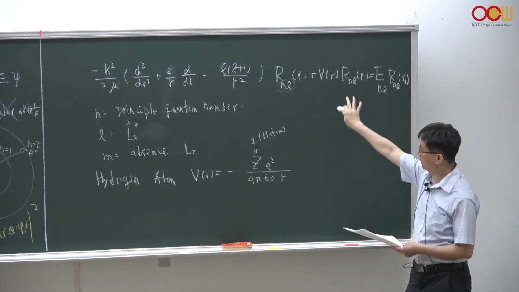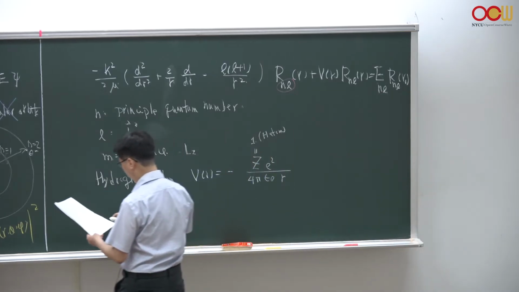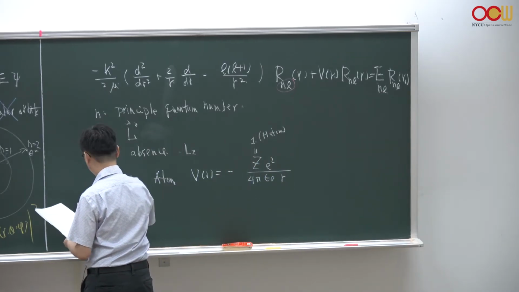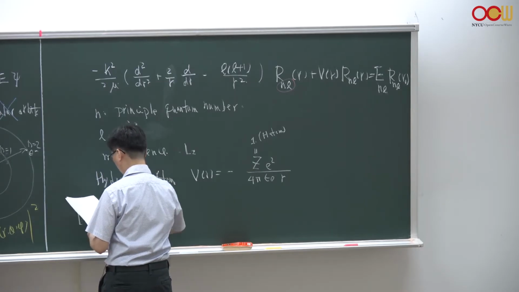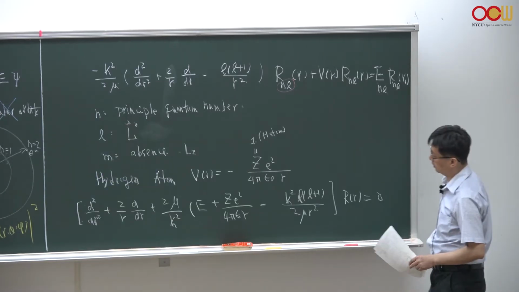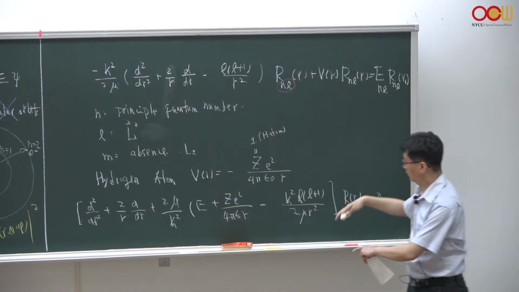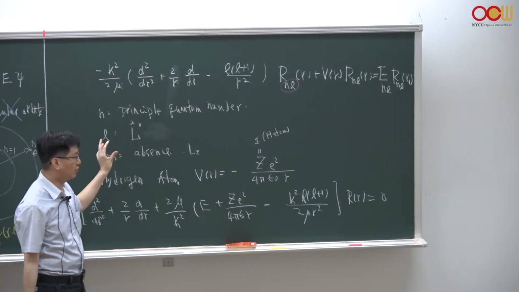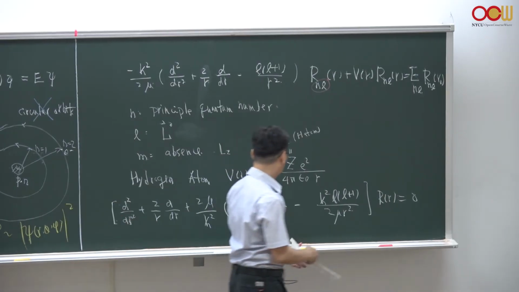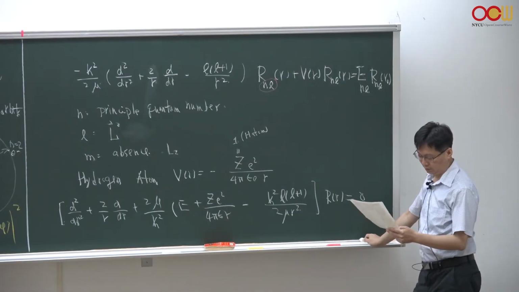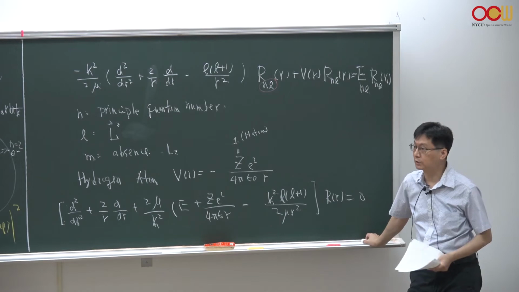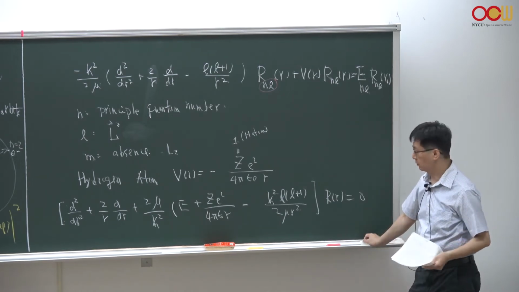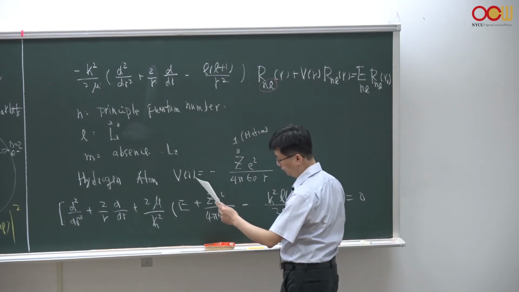So let's just plug in all these definitions, and we get the differential equation for the radius part of the Schrödinger equation. You could move things around between the left-hand side and the right-hand side of the equation. This looks horrible, but we can make progress by the following simplifications and abbreviations.